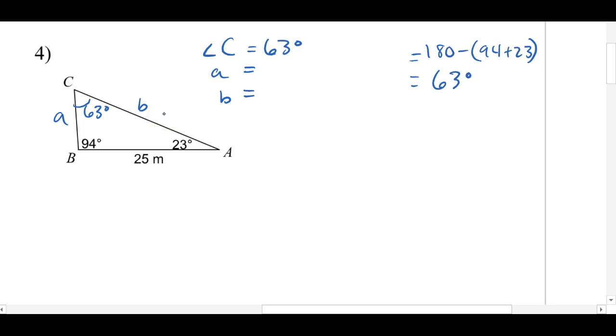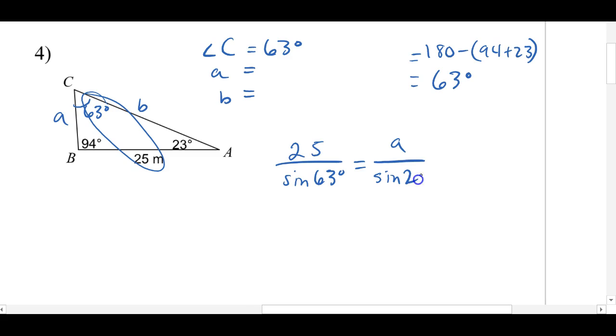Okay, so now we've got a pair. So now we can just use that there. So actually we don't need law of cosines here. Okay, so now 25 meters over sine of 63 degrees equals, and we'll go ahead and find side A first.